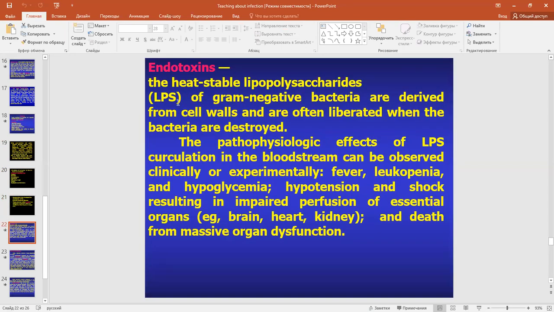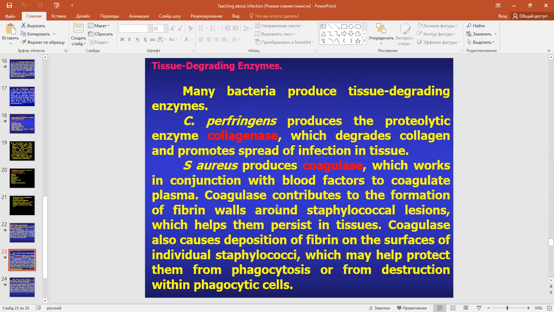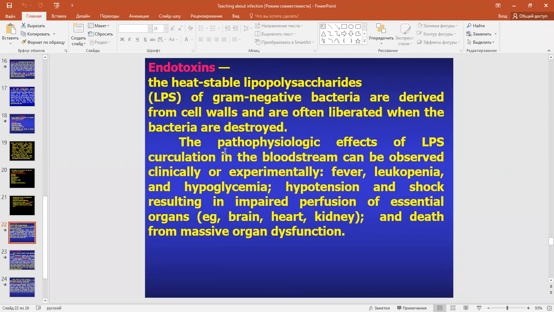Endotoxins are LPS. They belong to the cell wall of gram-negative bacteria. So all gram-negative bacteria, without exception, have LPS, so they have endotoxin. Endotoxins differ from exotoxins. Number one, by biochemical nature, they are lipopolysaccharides, and they're heat stable.